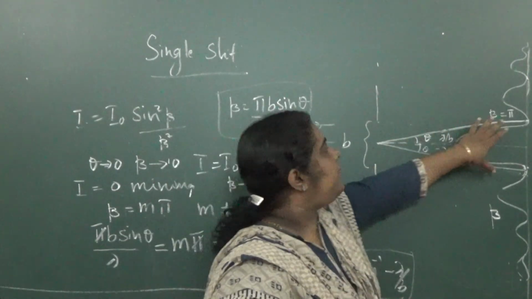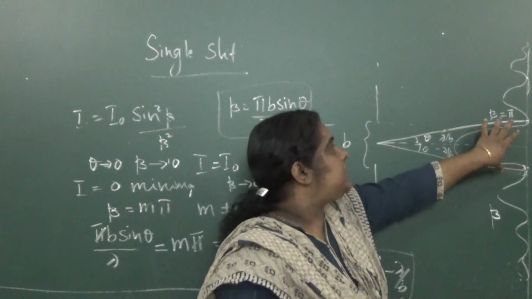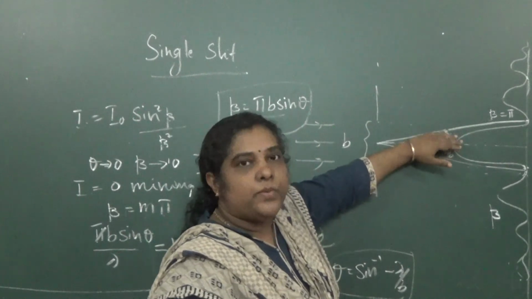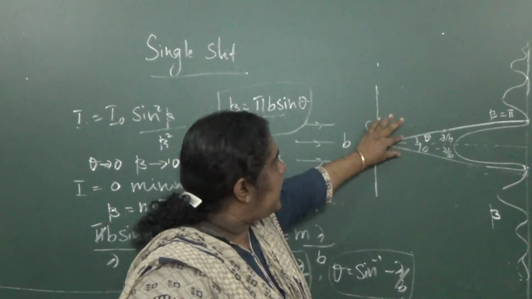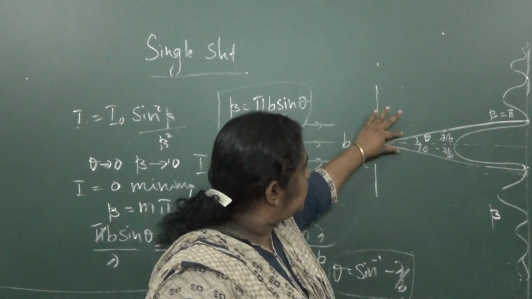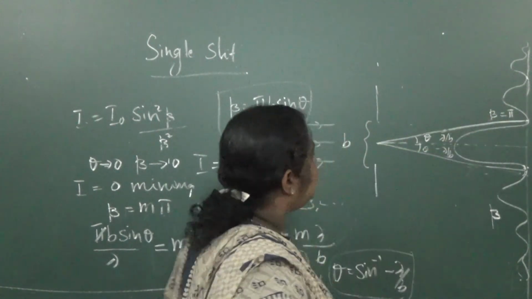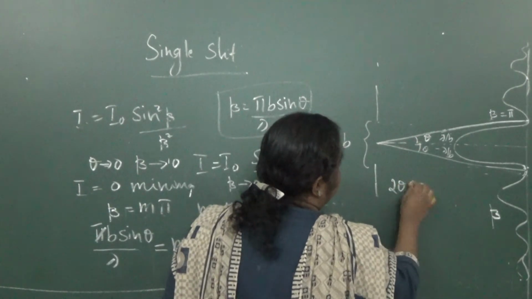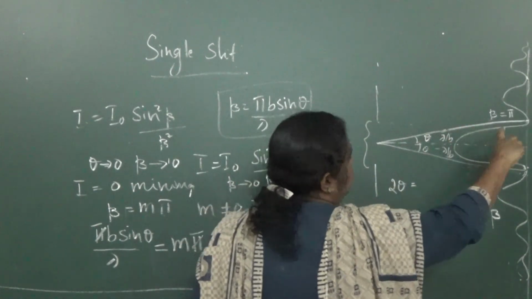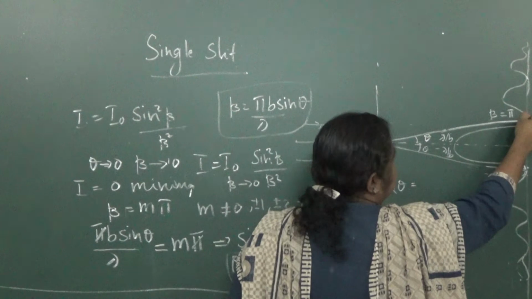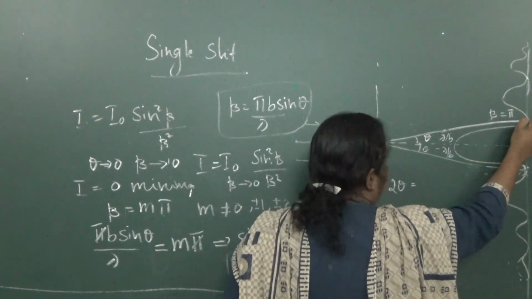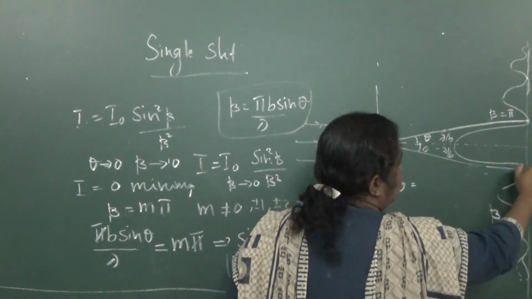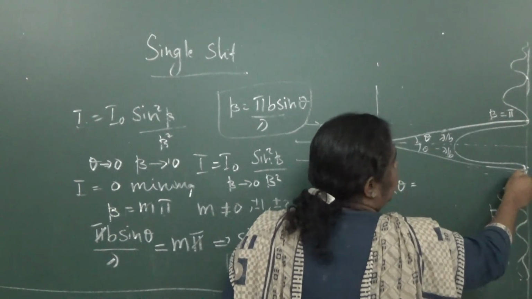So our central maxima is confined in this region, that is, when theta changes from minus lambda by b to plus lambda by b. So the total angle is 2 theta. 2 theta means the angle between the first minima on the upper side and the first minima on the bottom side.